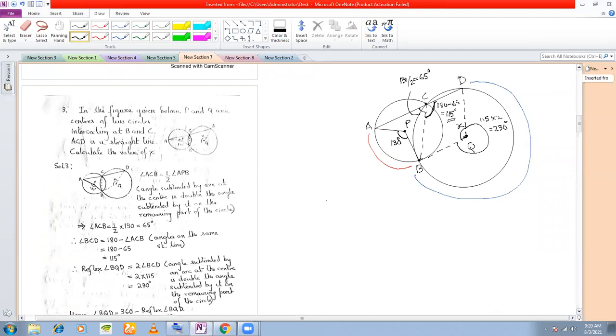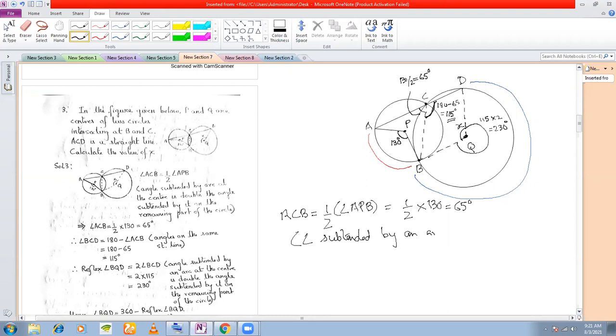Let's write this down. First of all, we'll write angle ACB is equal to half of angle APB, which is equal to half of 130, which is equal to 65 degrees. Reason is: angle subtended by an arc at the center.